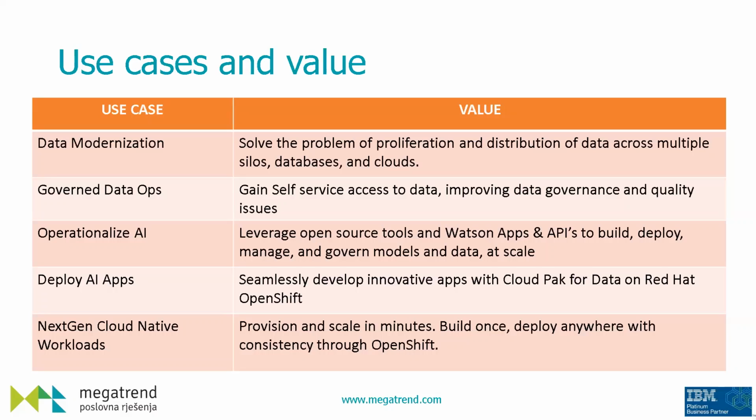And yes, of course, the cloud native workloads, next gen cloud native workloads, regarding the technology of microservices, containers created on Red Hat OpenShift. You can immediately scale up, scale down without a need to turn off the application to do big restarts or whatever.